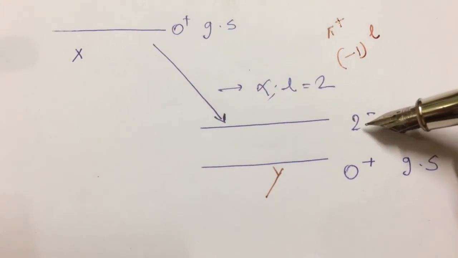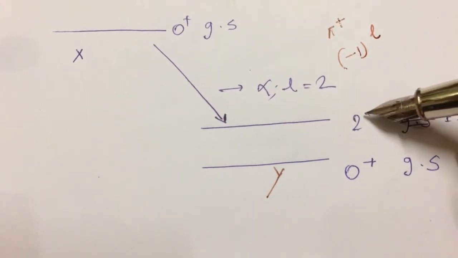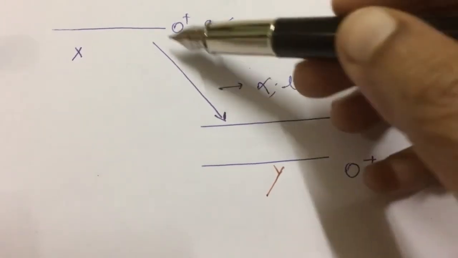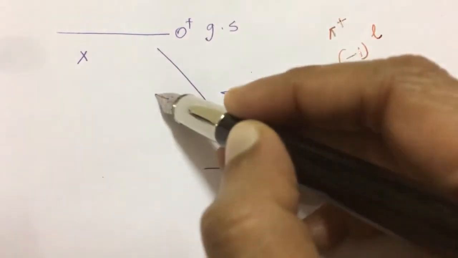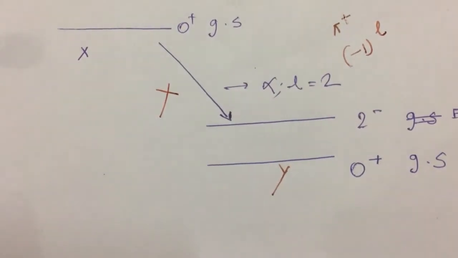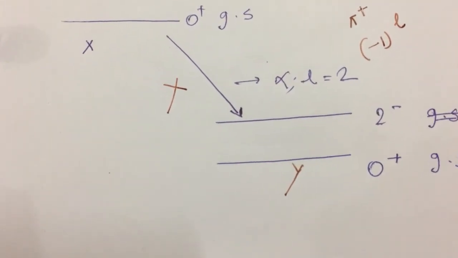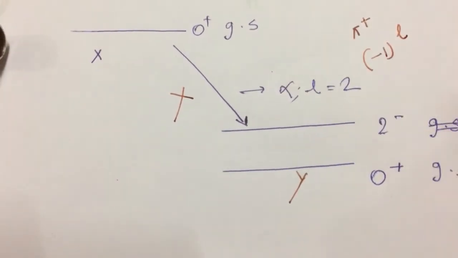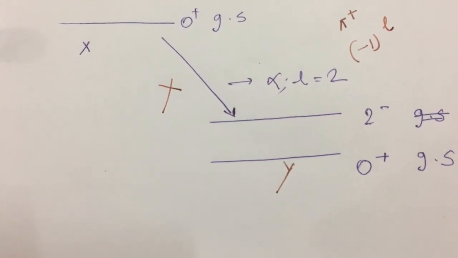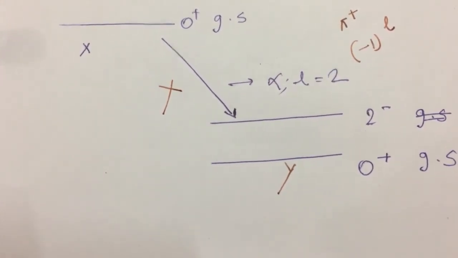But this is a 2 minus state, a negative parity state. So this transition is a forbidden one. 0 plus to 2 plus is okay with a fewer probability. 0 plus to 0 plus is more favorable for the alpha particle.